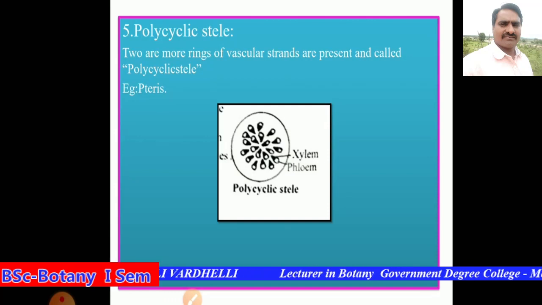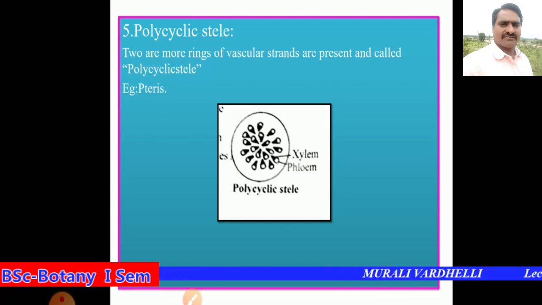In this ectophloic, the middle of the vascular cylinder is pith, surrounded by xylem and surrounded by phloem. If it is amphiphloic, in the middle of the vascular cylinder is pith or medulla surrounded by xylem.